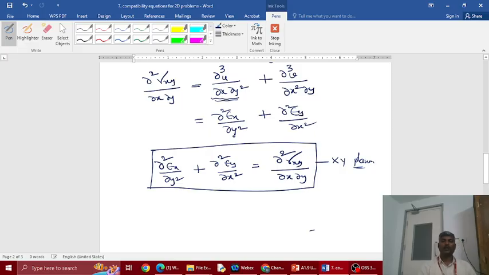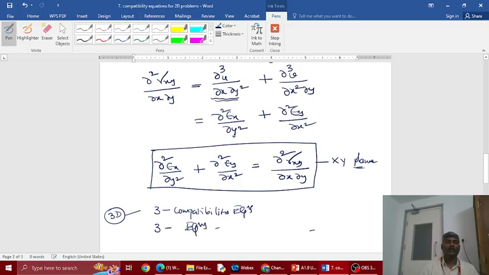Similarly, you can derive it for the other two planes, yz and zx. So when you are solving a three-dimensional problem, you can generate three compatibility equations, and the three equilibrium equations are already available.